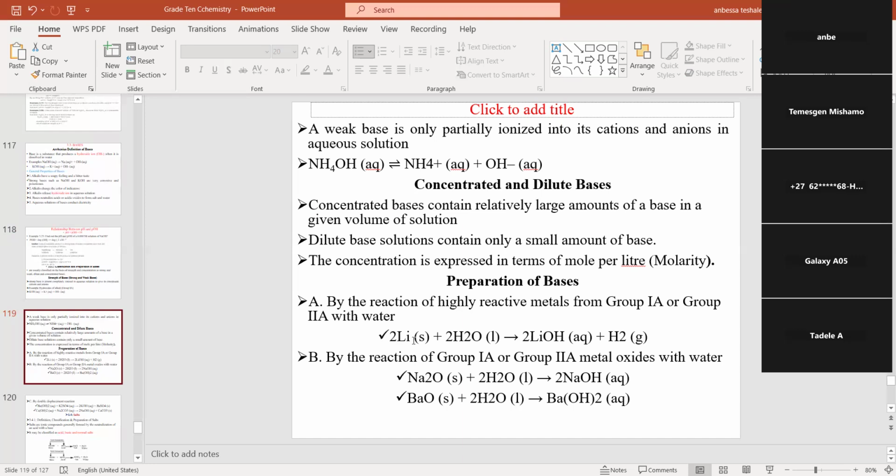When we dissolve lithium and sodium in water, we get a base. The reaction of group 1 and group 2 oxides with water also results in a base.